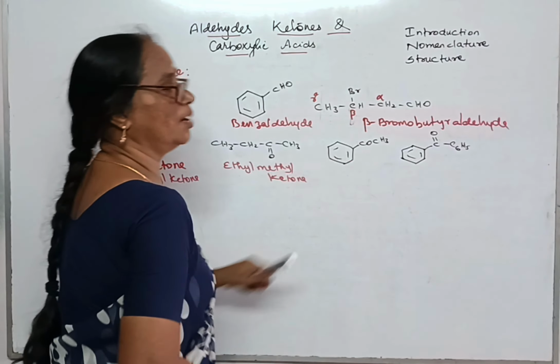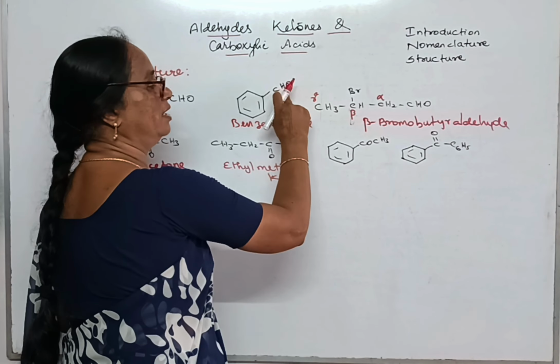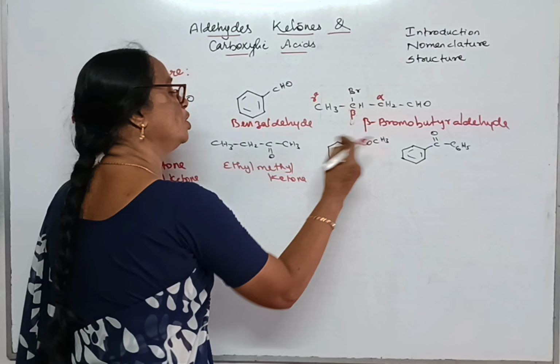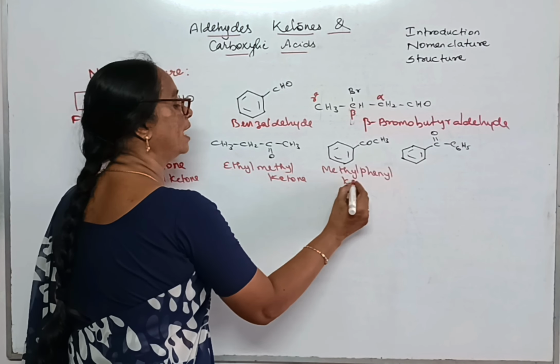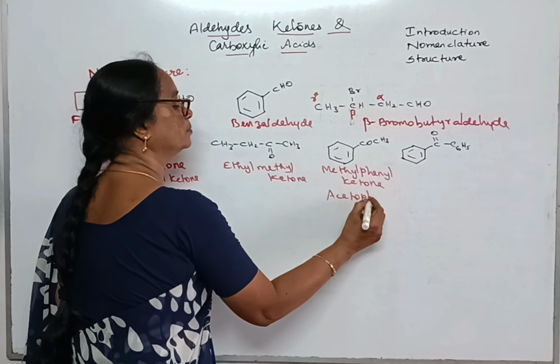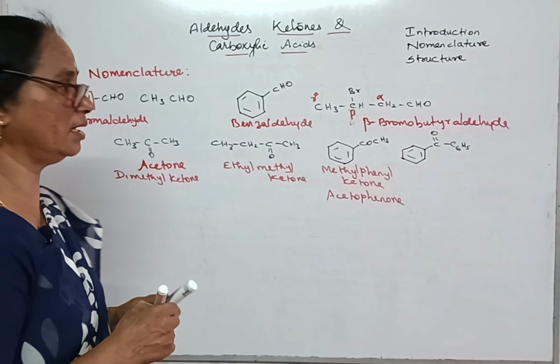And here is a benzene ring, in which one of the hydrogens is substituted by the methyl group. So you can say it is methyl phenyl ketone. Actually it is known as acetophenone. Acetophenone is itself its IUPAC name.